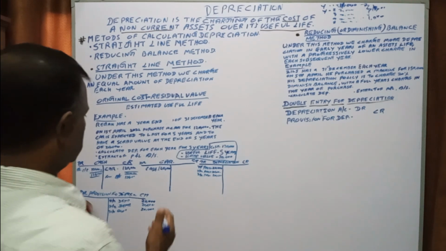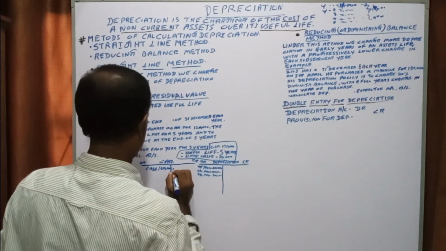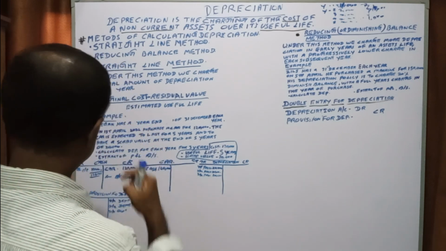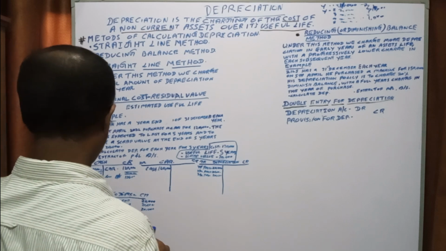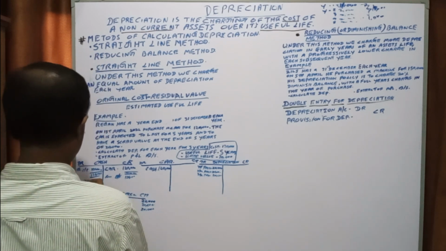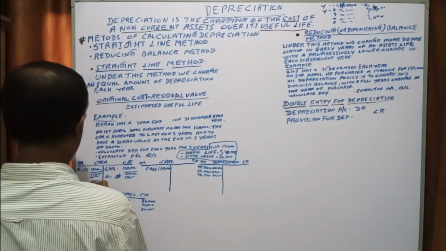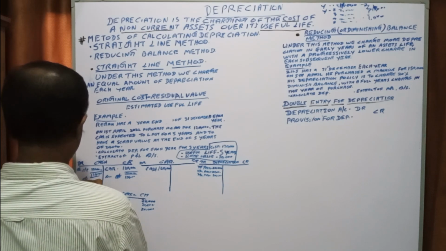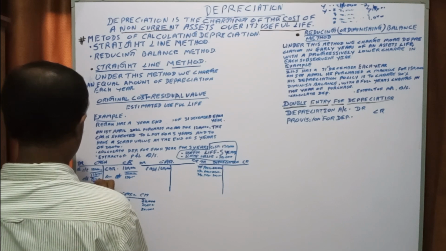Credit balance, car account. Year 2 also, we have to say year 2, no transaction, carried down 120,000.